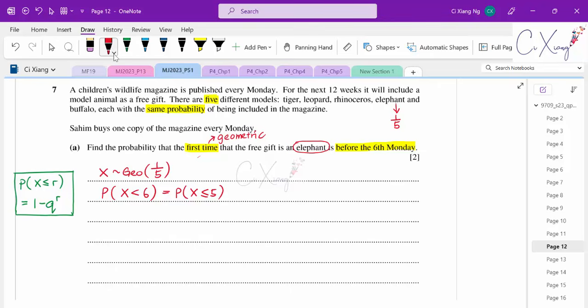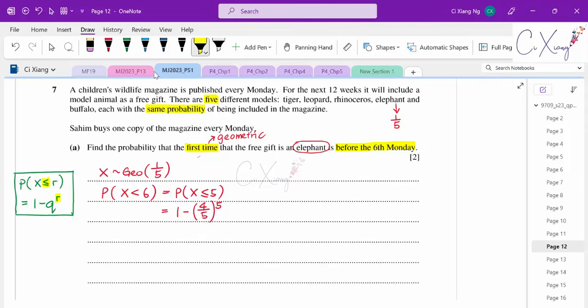So for this case, I'm having 1 minus q, where q is 4/5, power r which is 5. Please take note that when you want to apply this formula, the symbol that you write must be x smaller equals to r. That's why you can have a power r here.